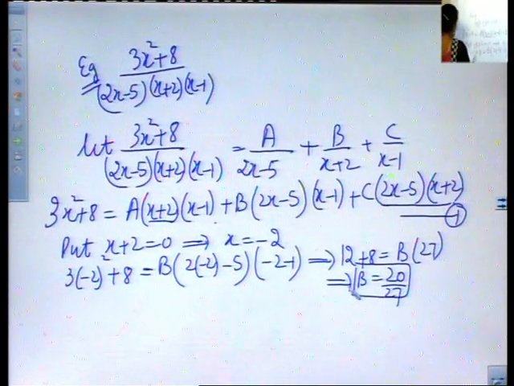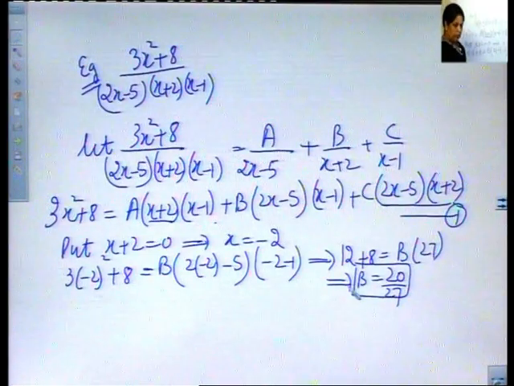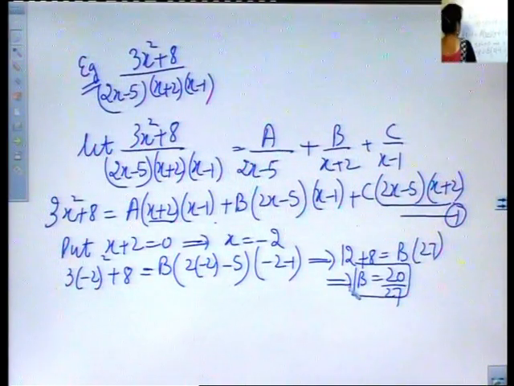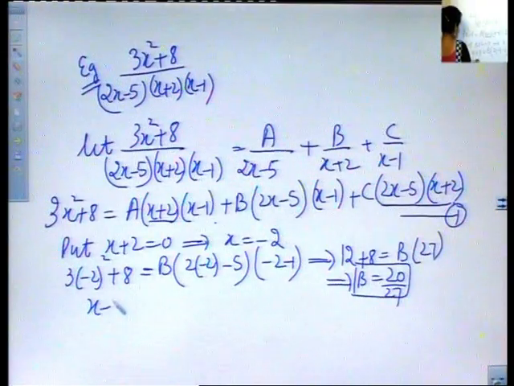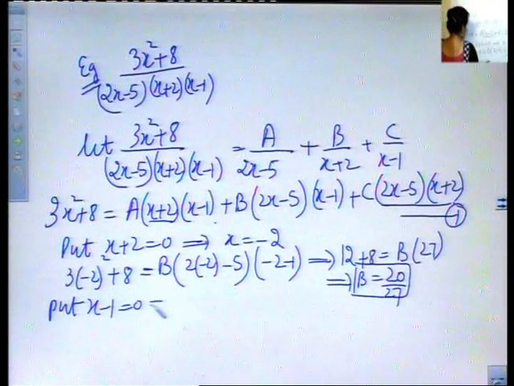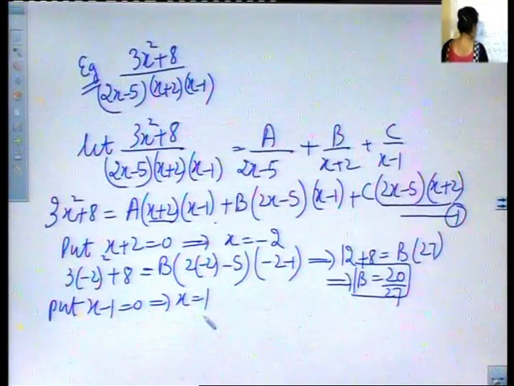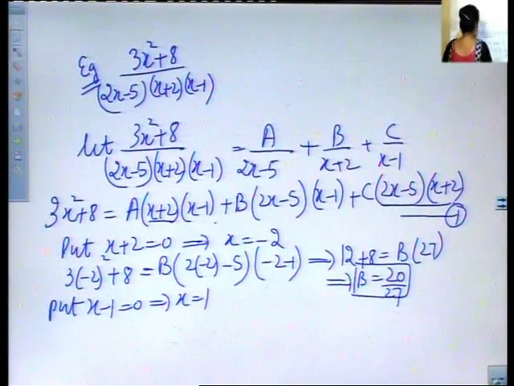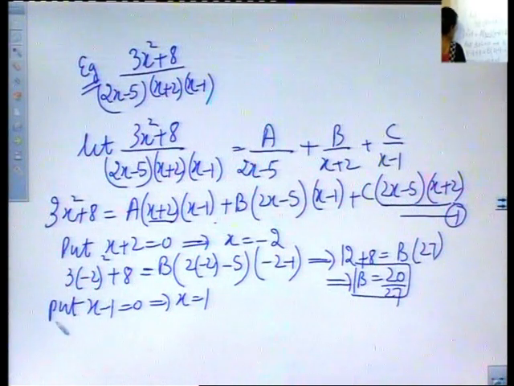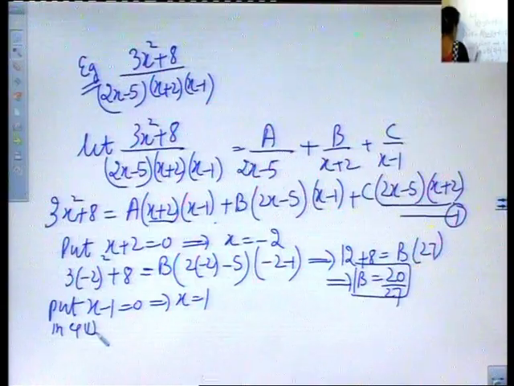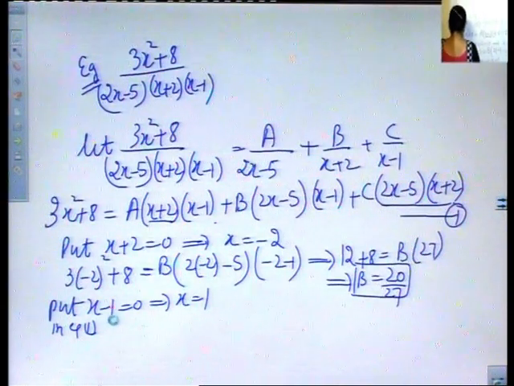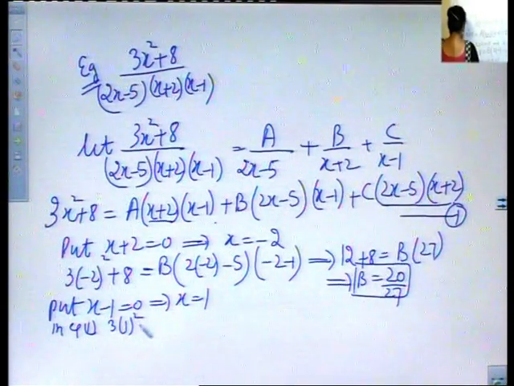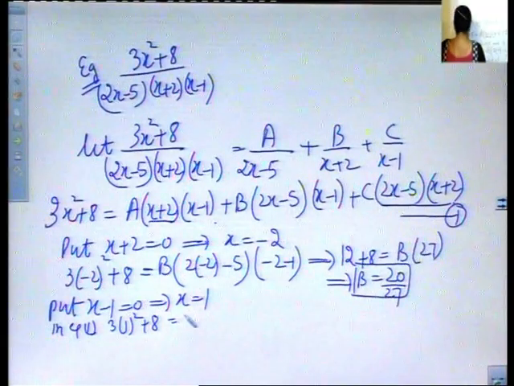So next, put the other factor x minus 1 is equal to 0. We get x is equal to 1. So put this in equation 1. We get 3 into 1 square plus 8.